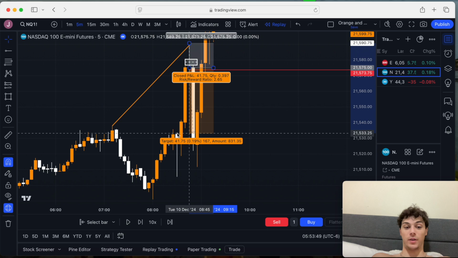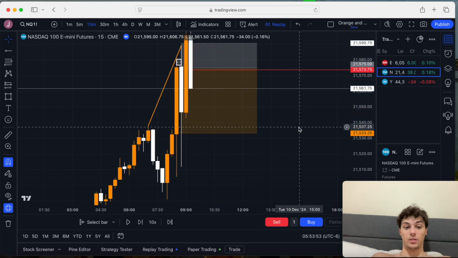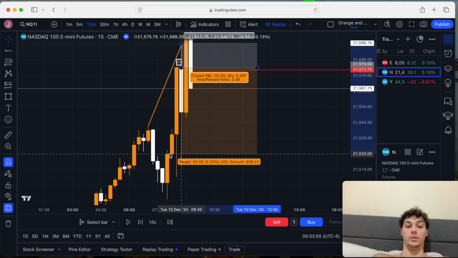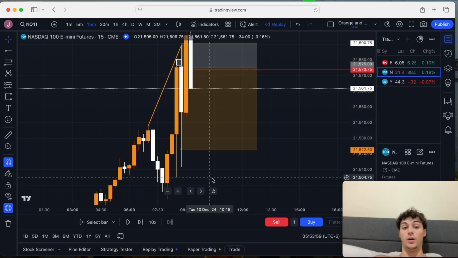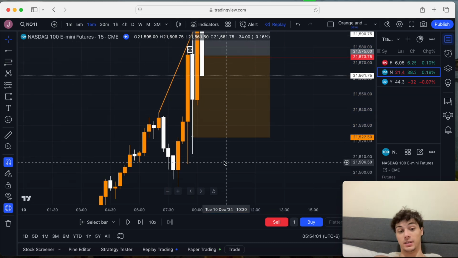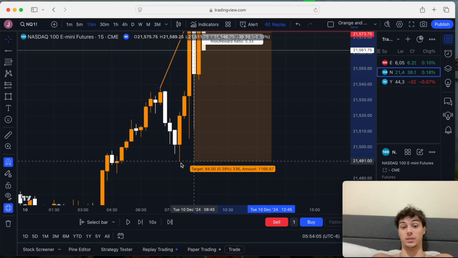Like you could have went to these 5 minutes. You could have went to this previous 15 minute because market slammed through it, but then it never retested it, and you probably wouldn't have wanted to target it all the way down here because that's a far TP.